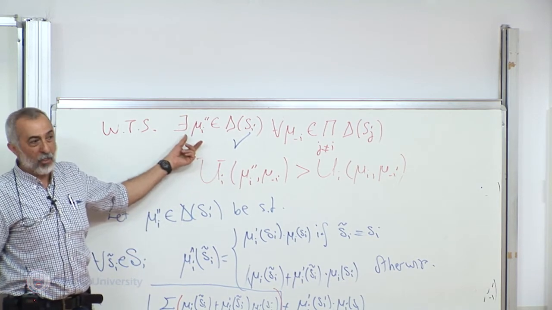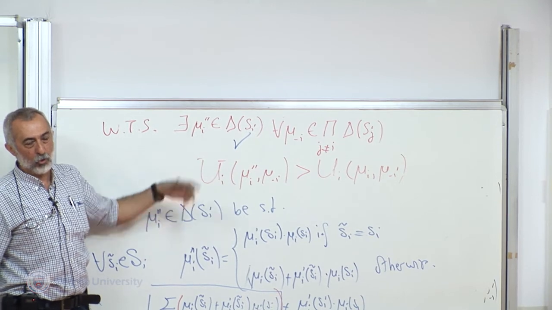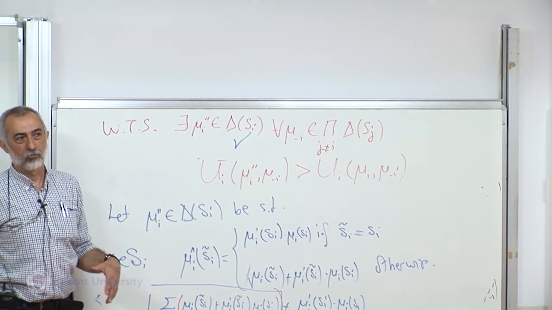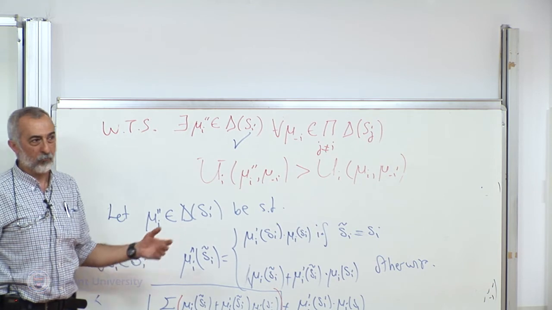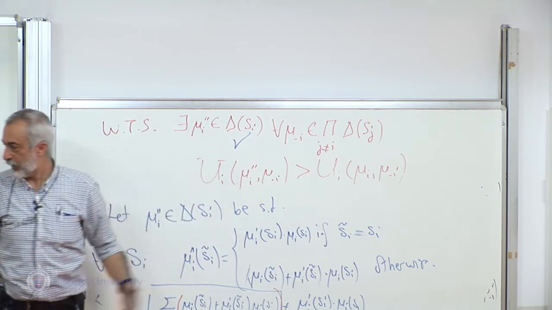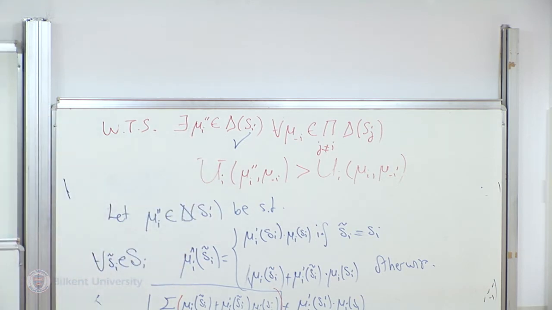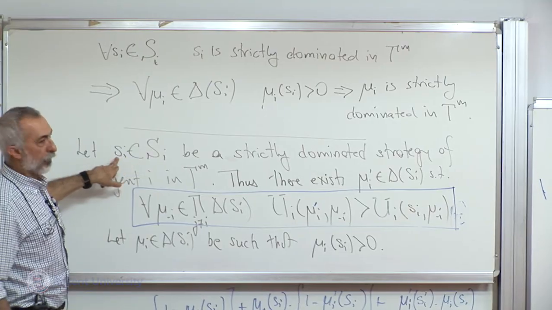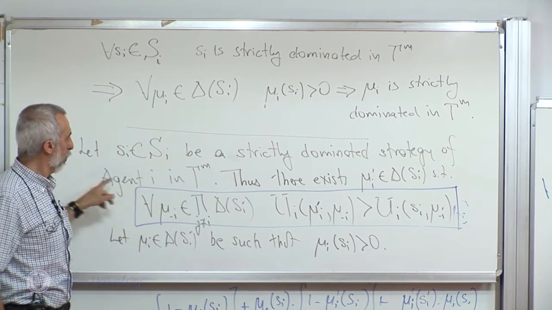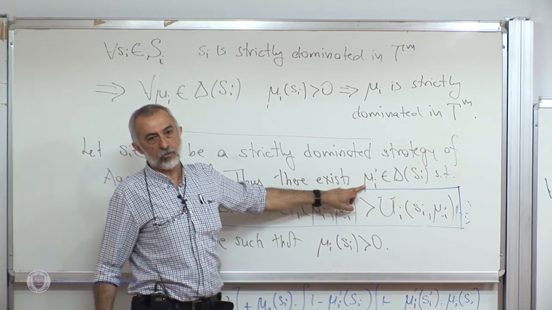Existential, it's not arbitrary, it's something special. So my initial approach would be, well, do I already have something? Well, S_i is strictly dominated, so we know that there exists such a strategy.